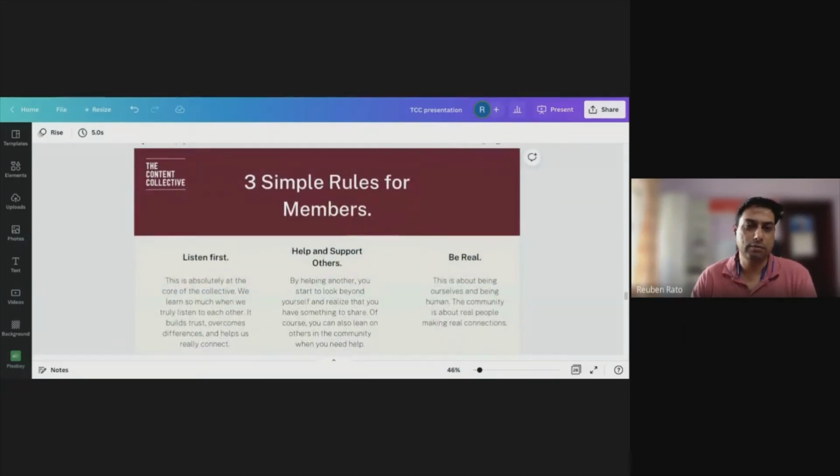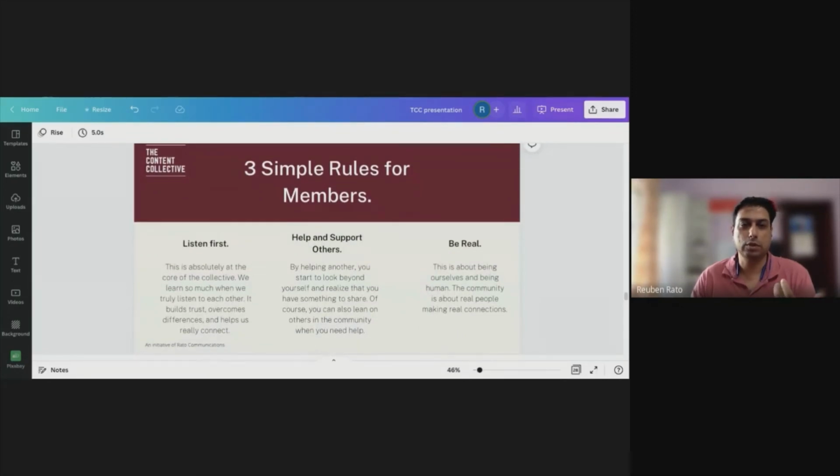We have 3 simple rules for members. You need to listen before you speak, and that's just how we are as people. That's why we want that as one of the simplest rules. We want you to either get help or be able to help and support others.